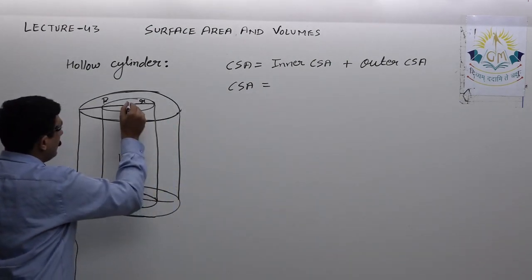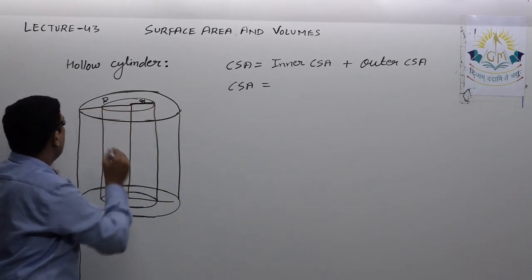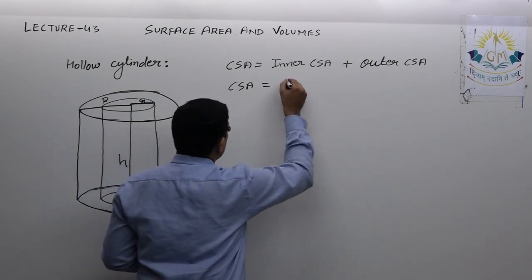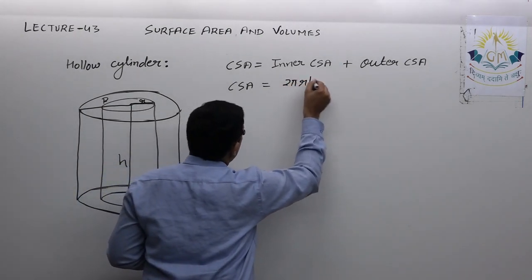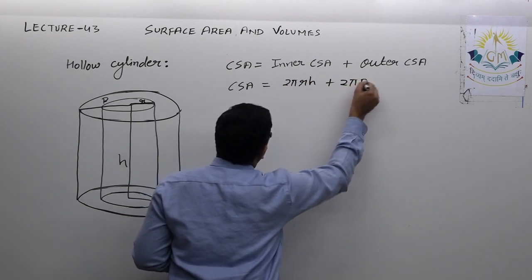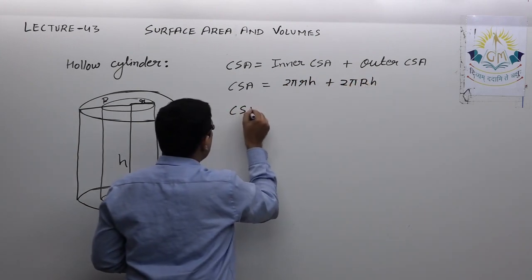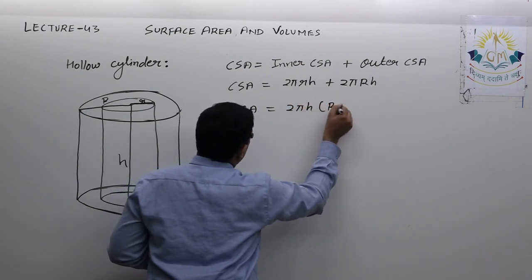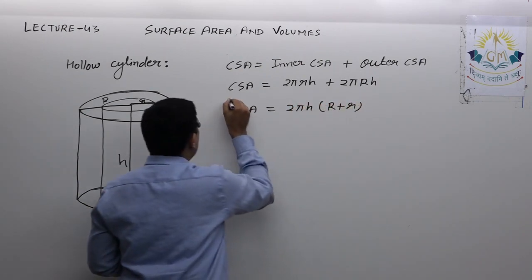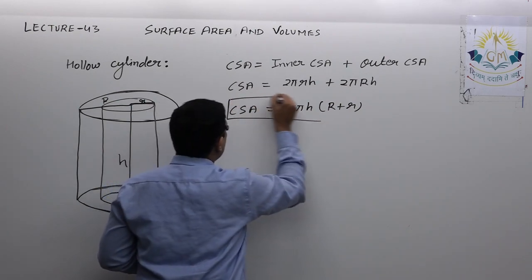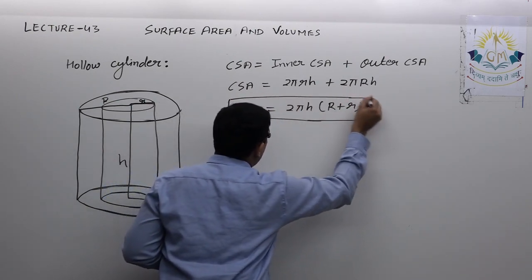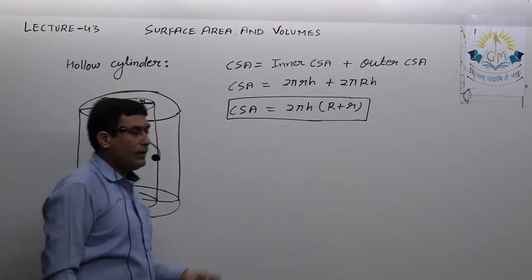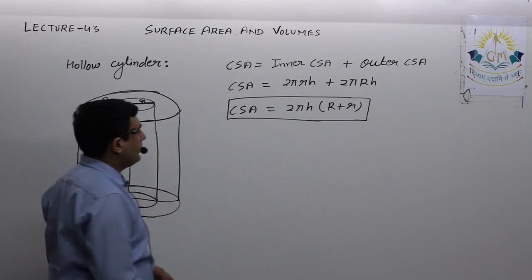So here internal radius is small r, external radius is capital R. So this is 2 pi r h and 2 pi R h. That means CSA can be written as 2 pi h (R plus r). This is the curved surface area of a hollow cylinder where h is its height, small r is the internal or inner radius, capital R is the external or outer radius.